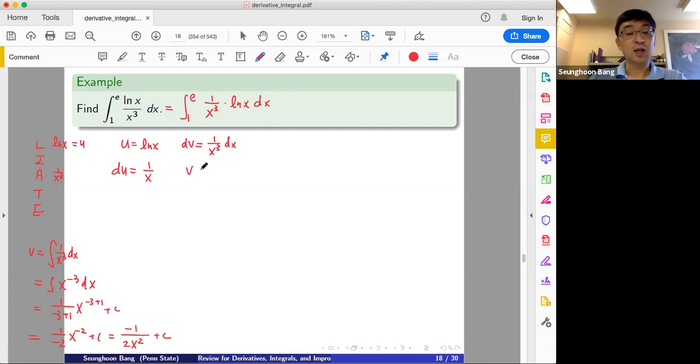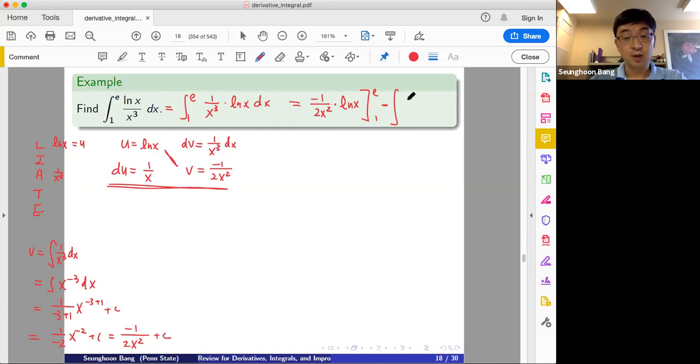So this is like integration by parts. We have negative 1 over 2x squared. So what's that? Exactly u times v. So we have negative 1 over 2x squared times ln of x from 1 to e, minus the integral of v times du.